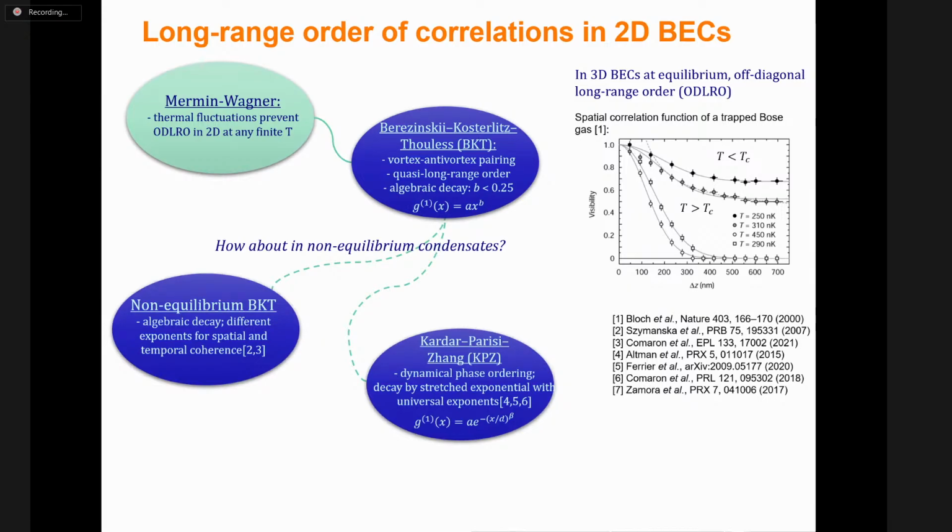Another mechanism that has been explored also experimentally is the Kardar-Parisi-Zhang mechanism, which refers to dynamical ordering of the phases such that the decay of the G1 function would show stretched exponential decay with universal exponents. There are also some works which say that there can be a crossover between these two last mentioned mechanisms depending on how anisotropic the system is.